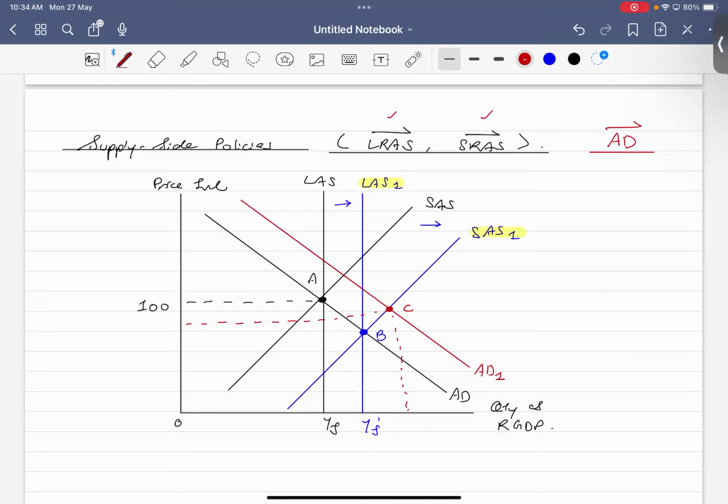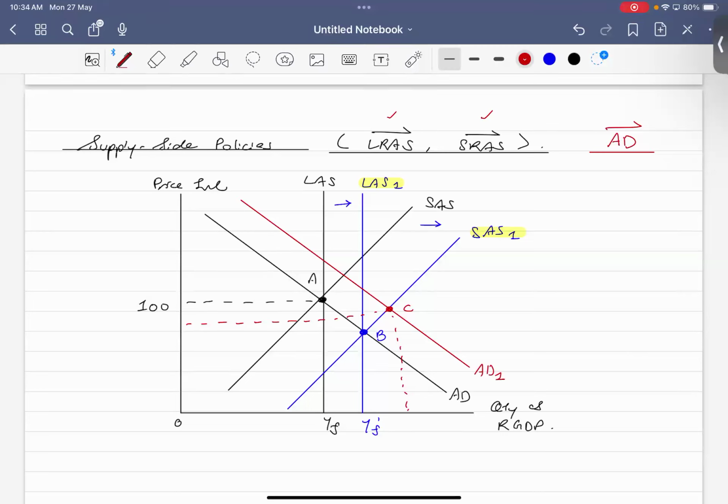So just remember, when it comes to the graph drawing, the outcomes depend highly on how you draw the diagram. We all will get higher output in this context, but whether your price level will be higher or lower or the same, that depends on your graph.